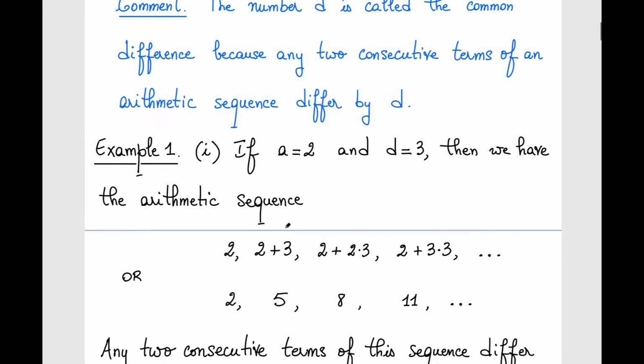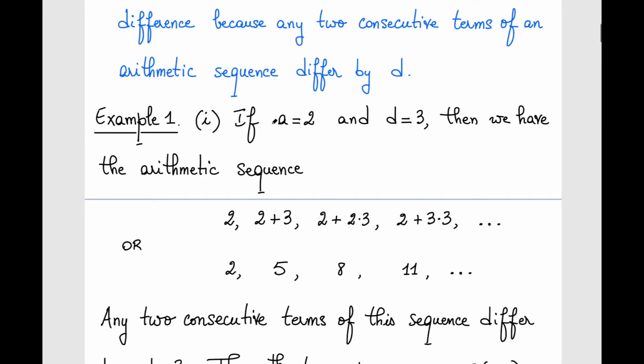Example 1, part 1. If a is 2 and d is 3, then we have the following arithmetic sequence. So you start with 2 and you add 3, right? So you add 3 to get to the next one, which is 2 plus 3. And then you add twice the 3, so twice the common difference, to get to the third term.